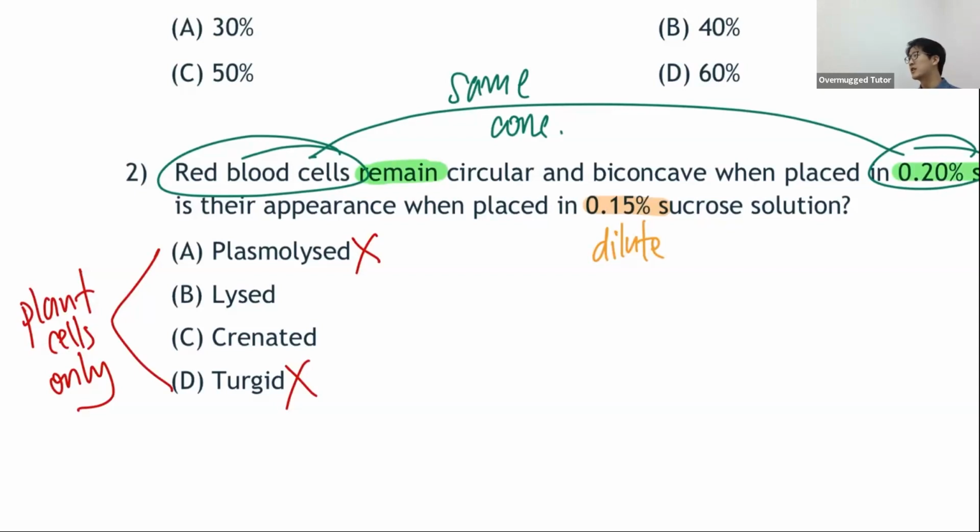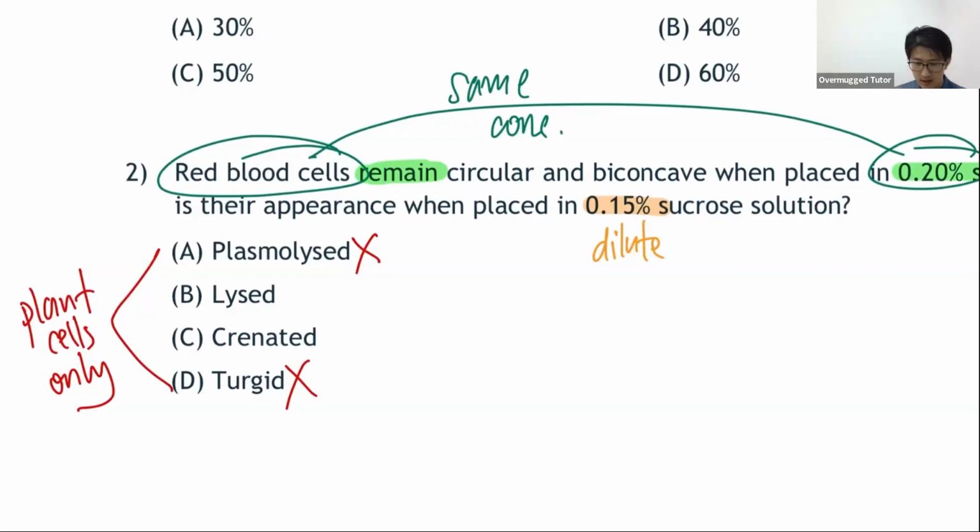So how will water move? Tell me what's the higher and lower now? Into the red cell. So what will happen to the cell now when there's an excess movement of water into the cell?